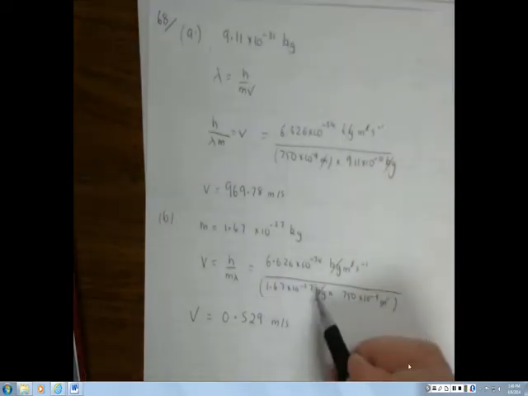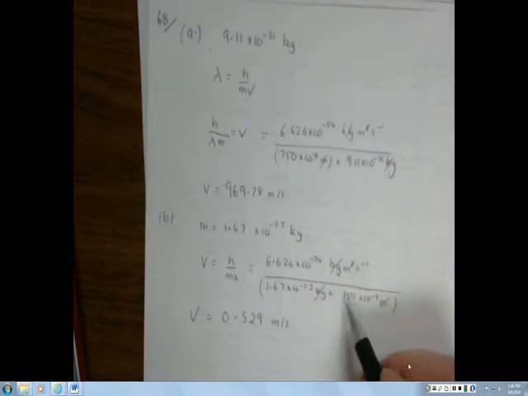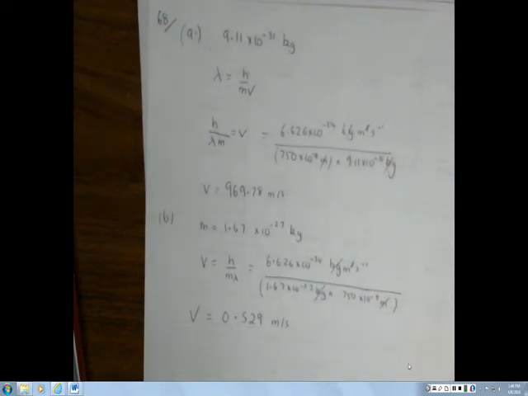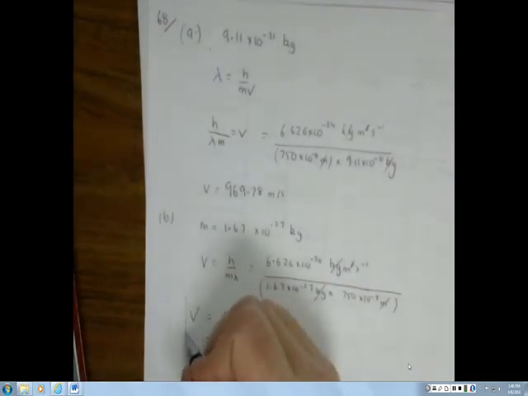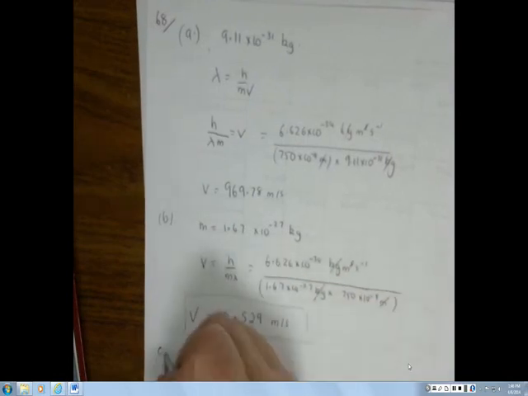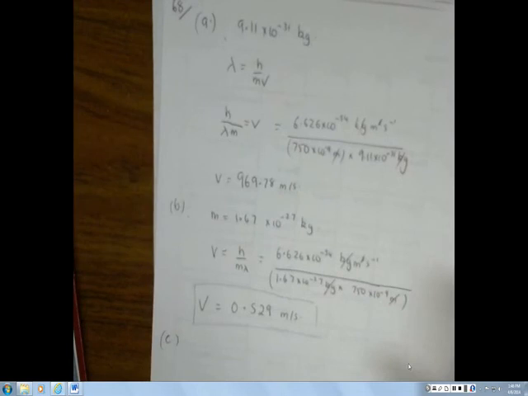Let's just double check my math. Minus 27 plus minus 9, that's going to give me minus 36. So then I would have something 10 to the minus 34. Yeah, it's plausible. Okay, that sounds about right. So it's worth checking that one in the back of the book. We can't because it's an even one. But I think it's right. It looks good.